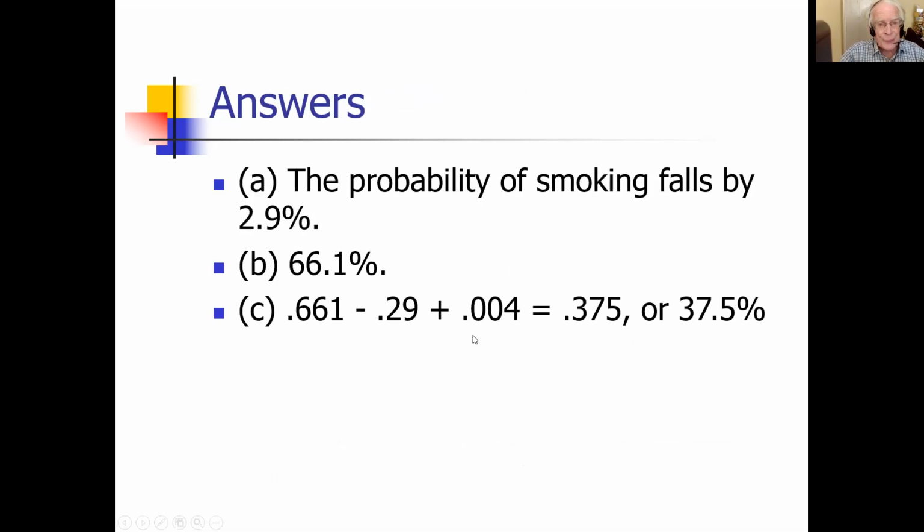Overall, our calculation is the intercept 0.661 minus 0.029 times 10, the coefficient on education, and then finally the gender term adds 4 of 1,000 to our probability of smoking.